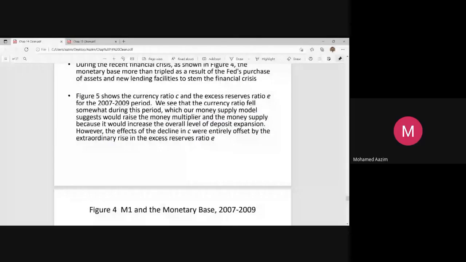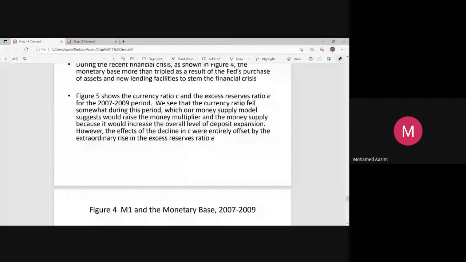Banks were not sure of the economy's direction and whether the economy's other economic agents were sound enough in their financial books. They were worried about the possible asset qualities they held in their portfolio.